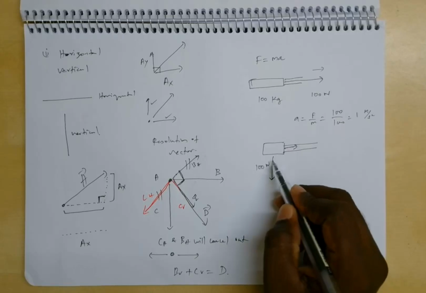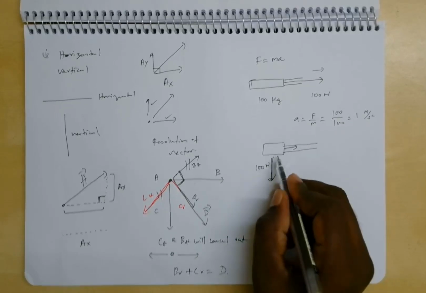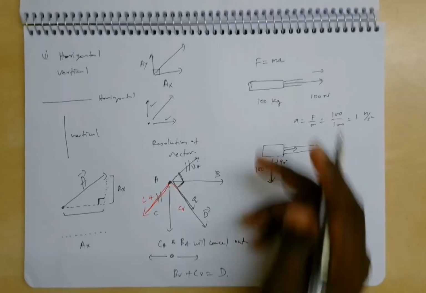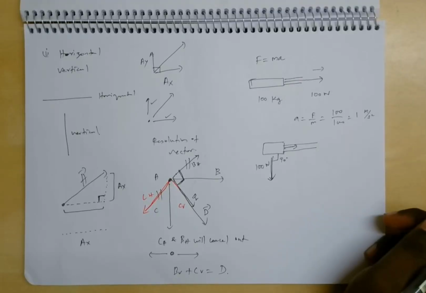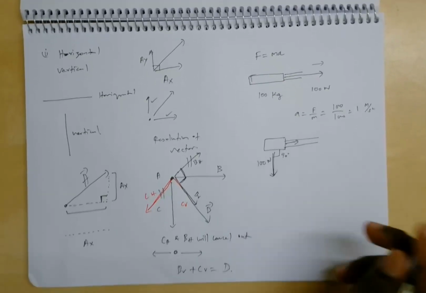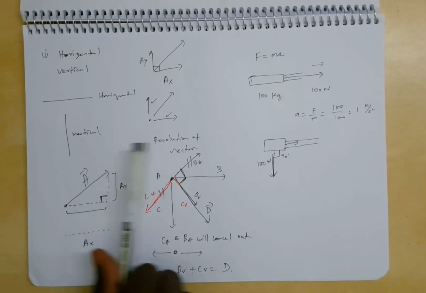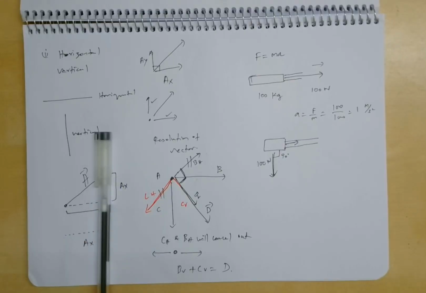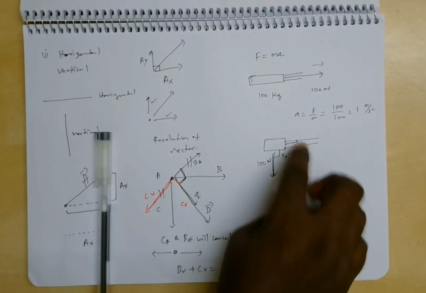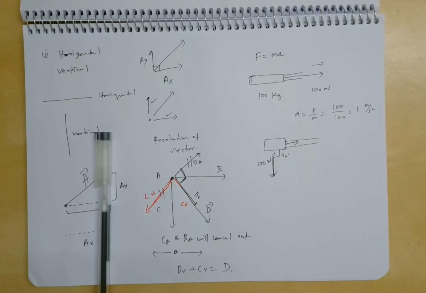But in this case, we are pulling at 90 degrees. I am pulling the train at 90 degrees with 100 Newton force. Will it accelerate? Why will it not? How will it accelerate? What force is causing the acceleration? Let's say it's just a cart, no engine.